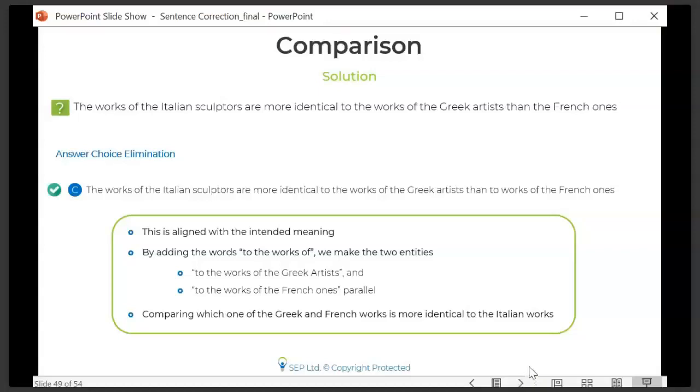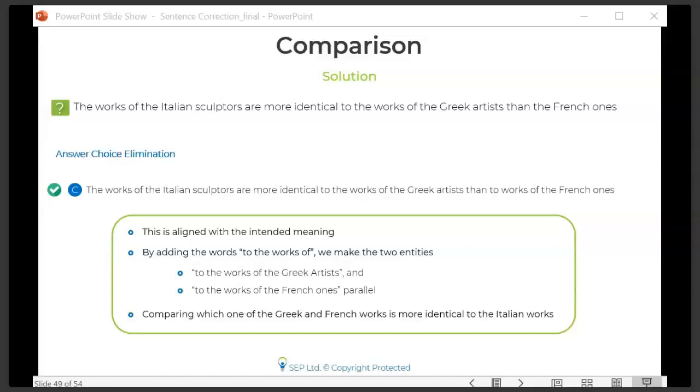Okay, and you can see therefore that by omitting those three words, "the works of", we had created that ambiguity, and this choice removes that ambiguity. So again, for those of you who did not mark choice C as the correct answer, are you clear with this?